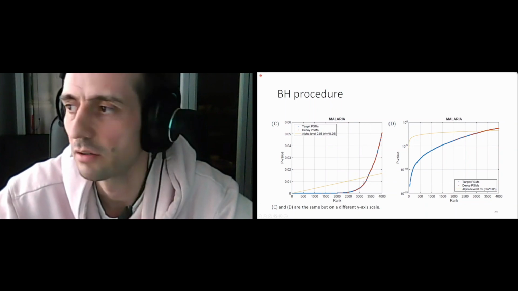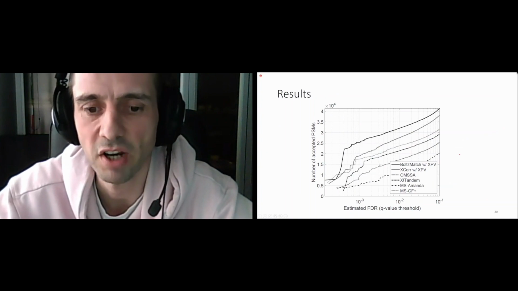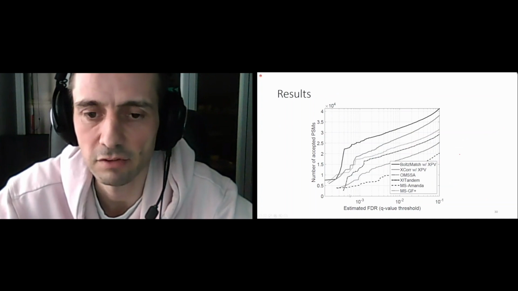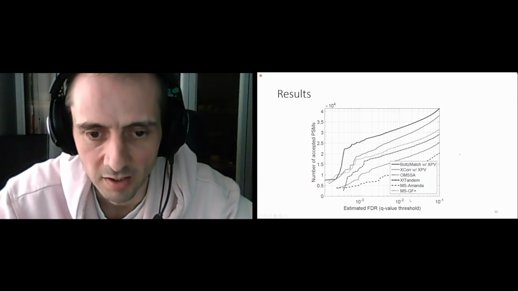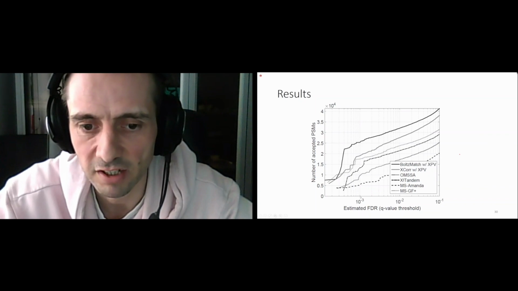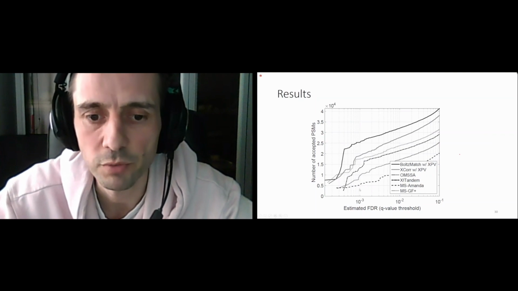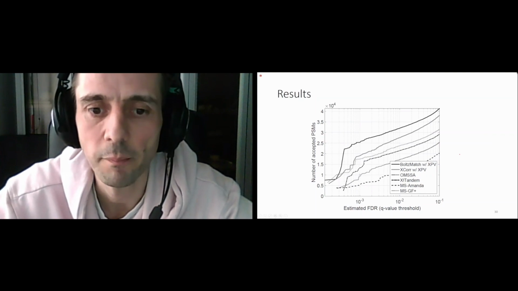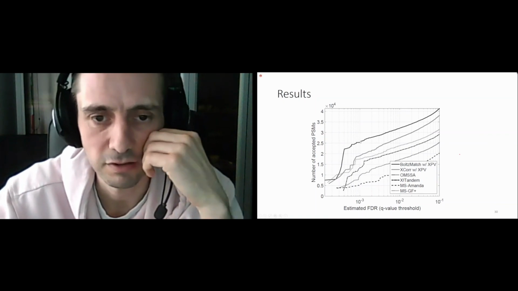Now talking about the results validation, how it looks in practice. In practice, we evaluate the performance of these database searching methods like this. Here we put the estimated false discovery rate. Okay, here I control the false discovery rate at 0.1%, and see how many peptides I got at this given false discovery rate.